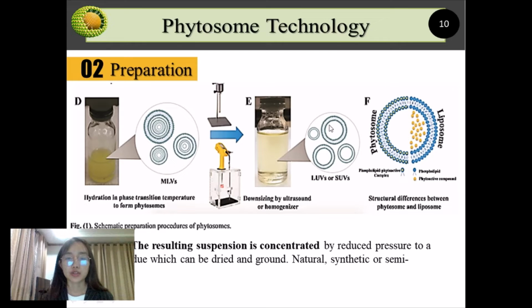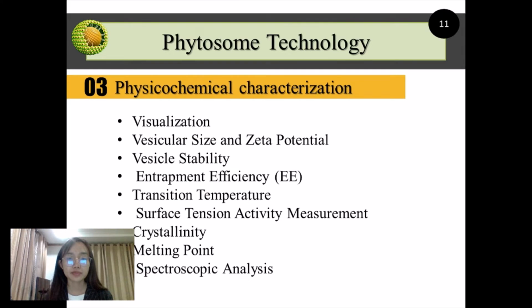This is a phytosome. The resulting suspension is concentrated by reduced pressure to active residues, which can be dried and ground; natural, synthetic, and semi-synthetic. Next, the last part of phytosome technology.